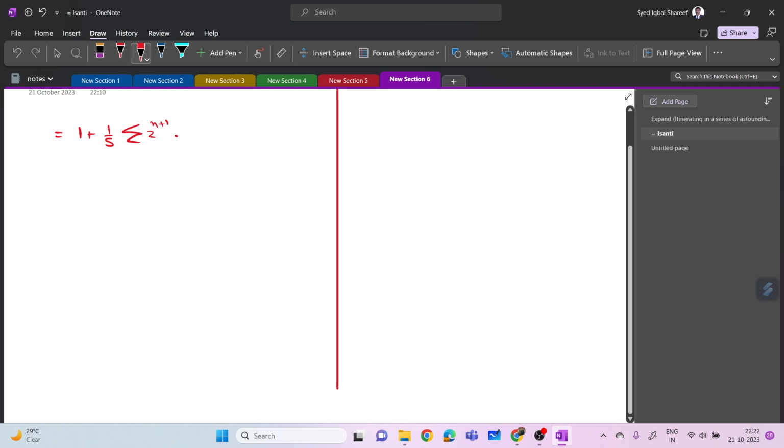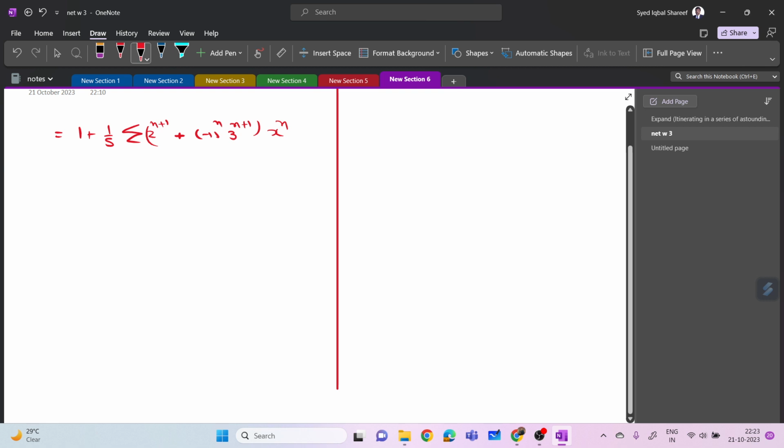So 2 to the power of n plus 1 plus minus 1 to the power of n, 3 to the power of n plus 1, x to the power of n. So this we got. Now this is x to the power of n, expanded in ascending powers.